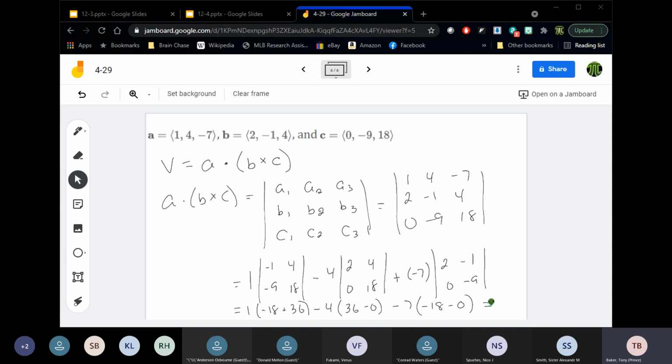And what does that equal? Sorry. Somebody quickly do the calculation.